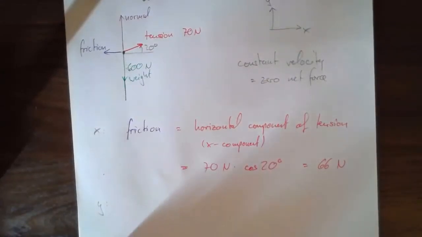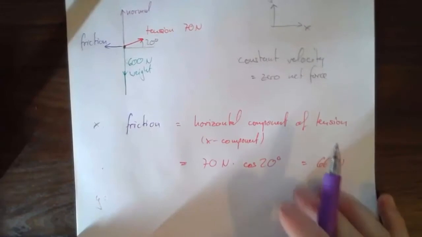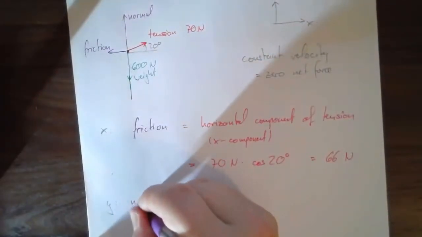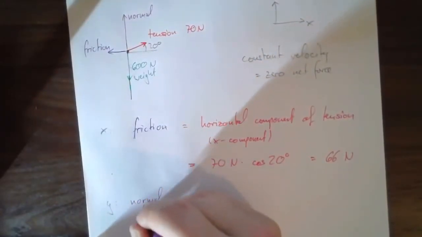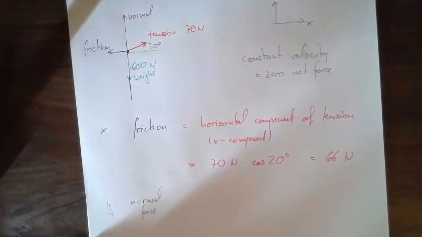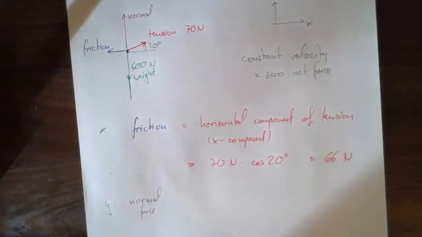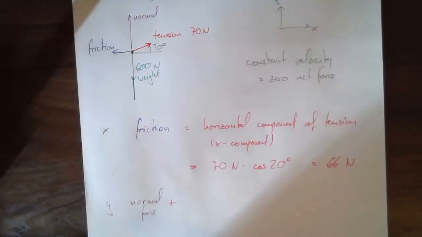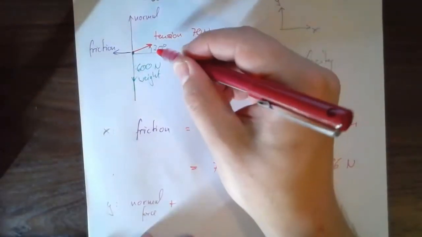In the y direction, we now have up equals down. So I have the normal force that's just straight up. We're going to add to the normal force the vertical component of tension, because that's what's acting up.